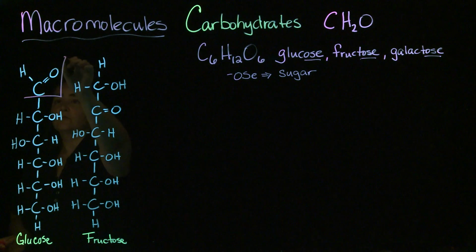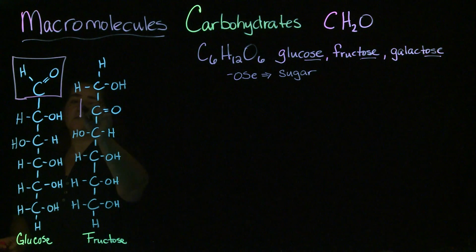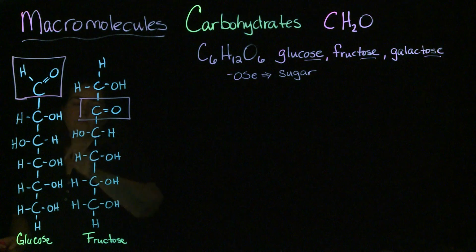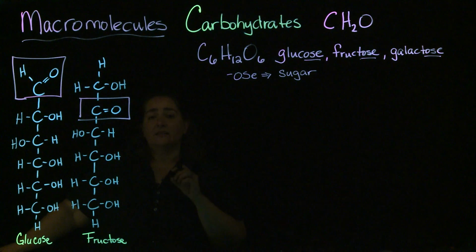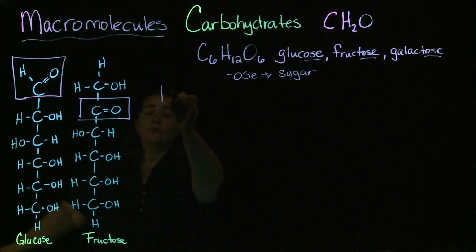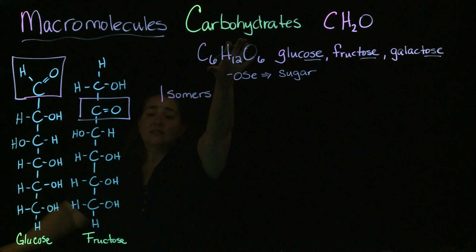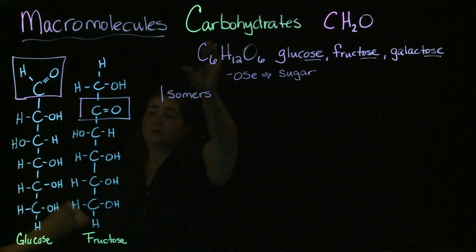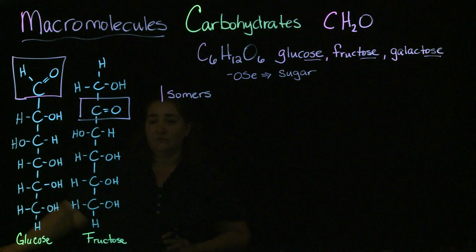On glucose, our functional group is over here. In fructose, our double bonded oxygen is over here. When you have them arranged differently in space, those are known as isomers.